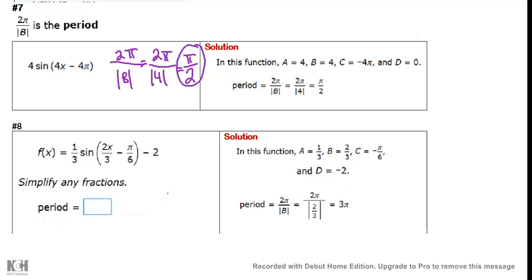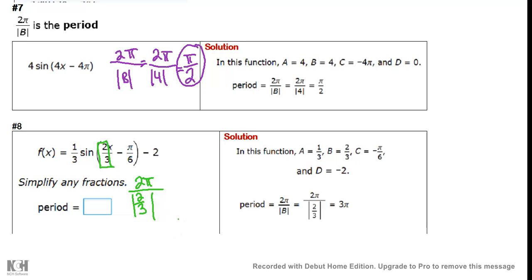Okay, then on this one, down here, this is also looking for a period. So you just have to identify what each A, B, C, D is. So we need the B variable. All right, and so our formula is going to be 2 pi over the absolute value of whatever B is. Well, this right here is B, 2/3.